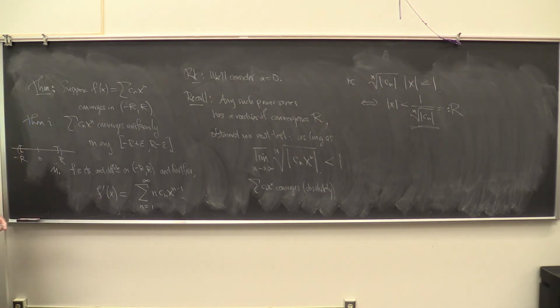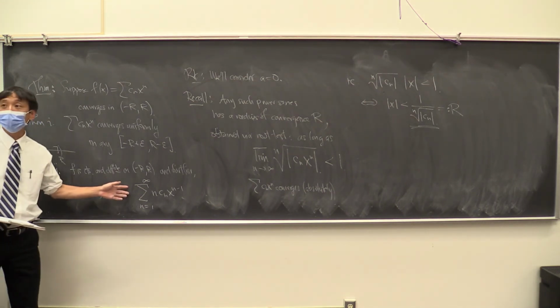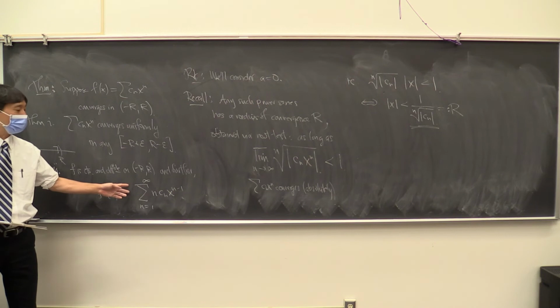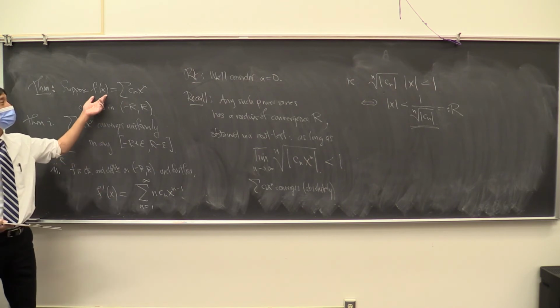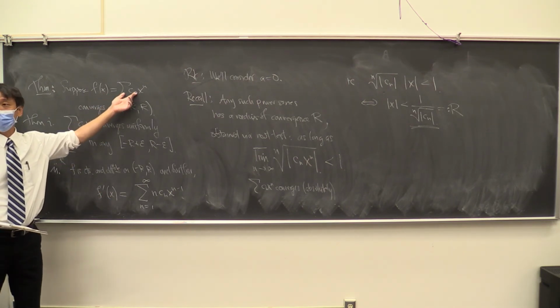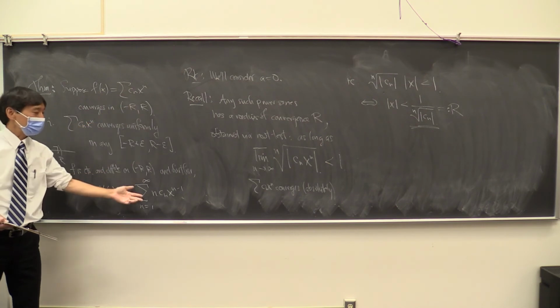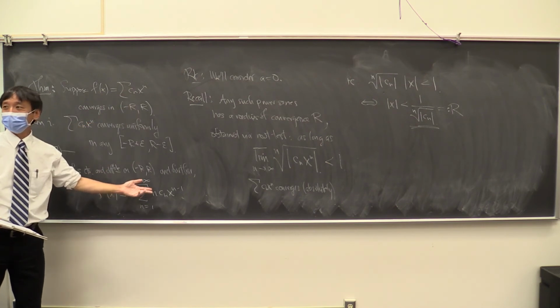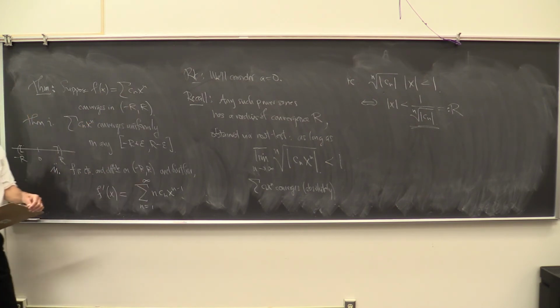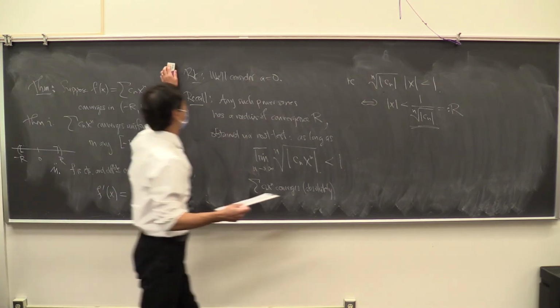So it works out as you hope it would: the derivative of this infinite polynomial looks like the derivative of the infinite polynomial that you would expect. That requires proof, and so that's what we're going to do right now.